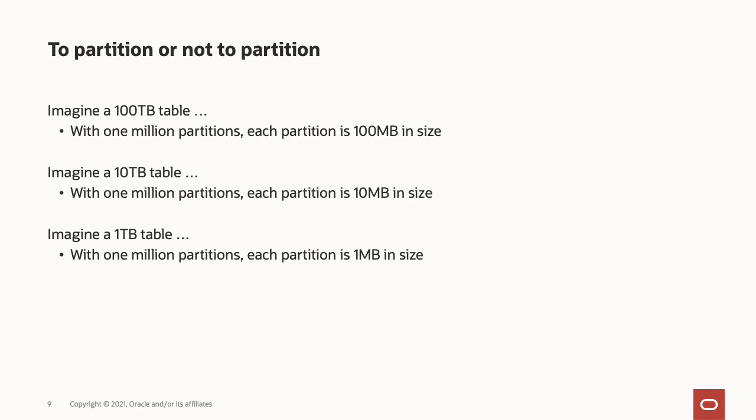With 1 million partitions, which is the maximum that you can have in an Oracle database, each partition would be 100 megabyte in size. If the same table would be only 10 terabyte in size, with 1 million partitions, each partition would be 10 megabyte in size. And if your table would be 1 terabyte in size, you end up with a partition size of 1 megabyte.